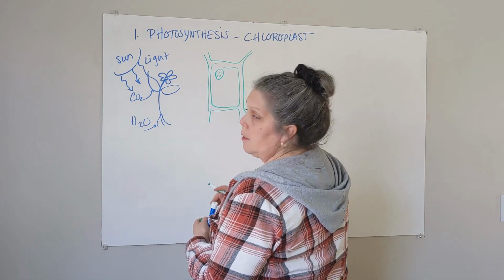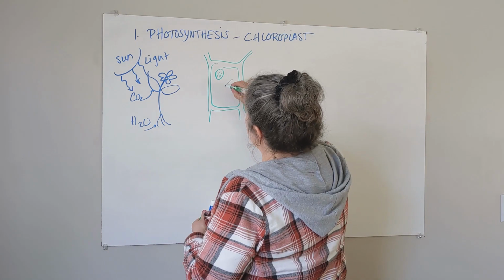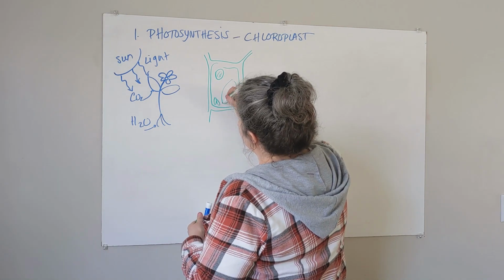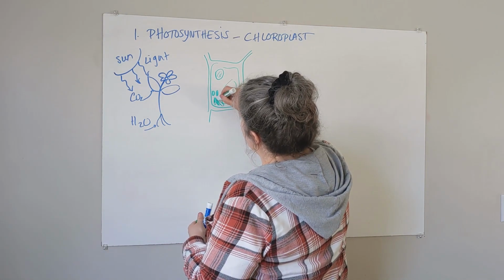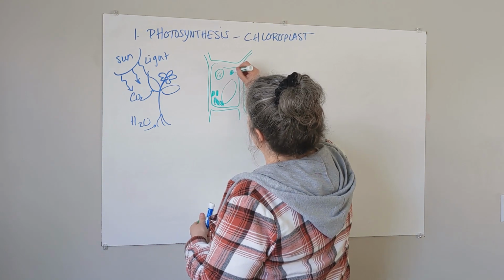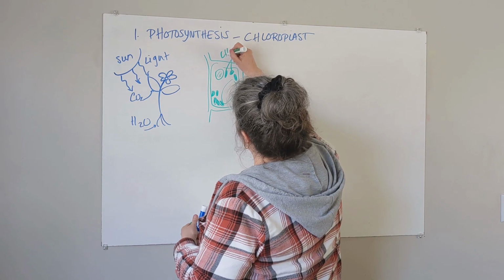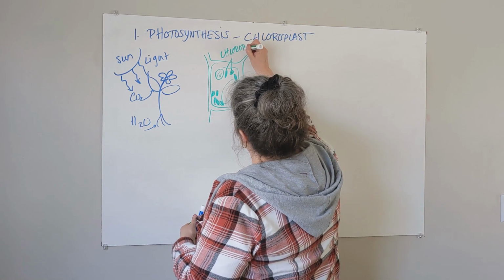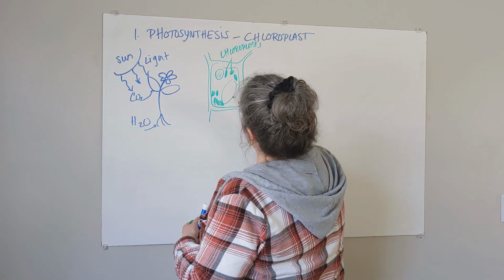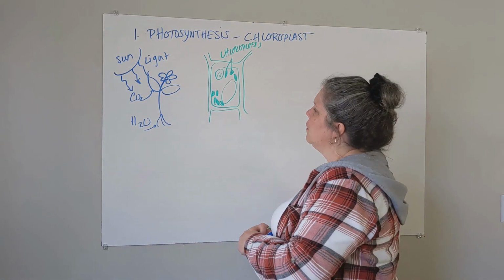Nucleus of DNA because it's a eukaryote. A large water vacuole, and then we have all these green things. Those are chloroplasts. And that's where photosynthesis occurs.